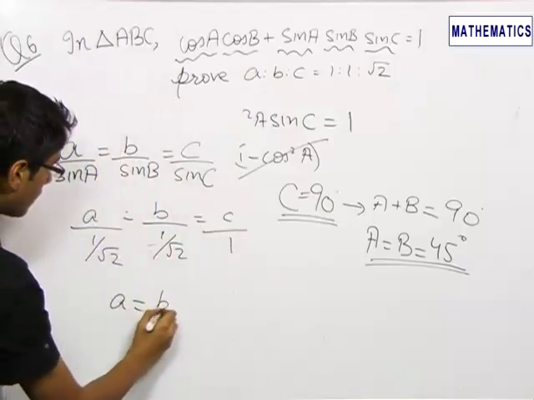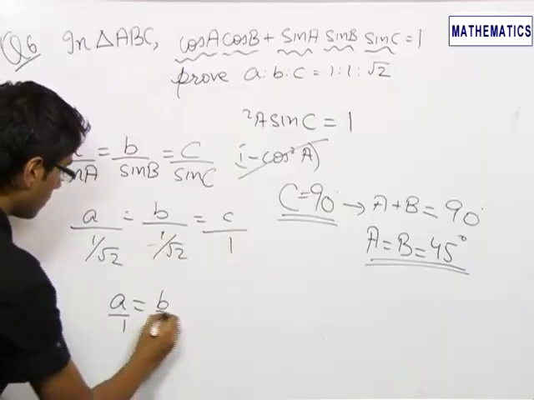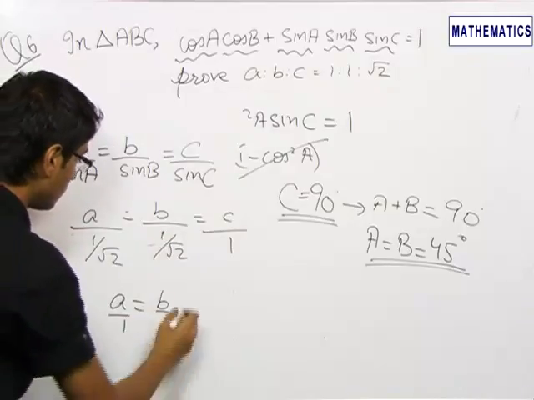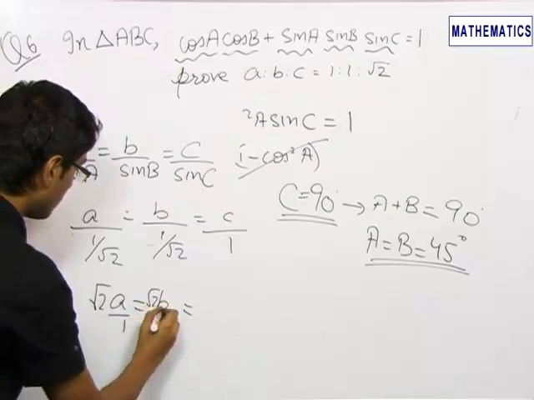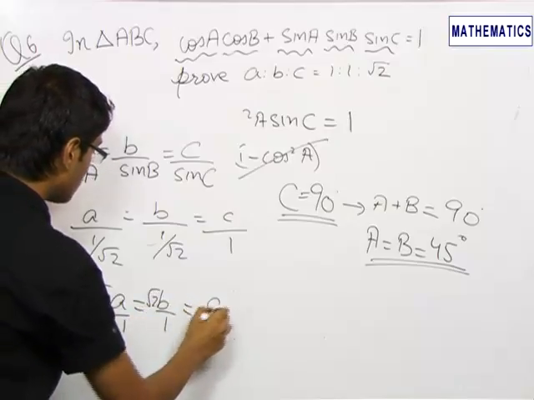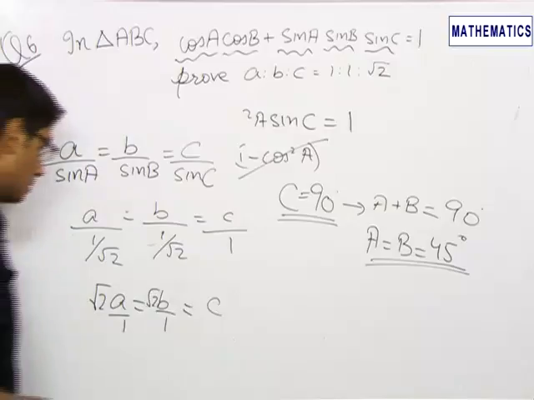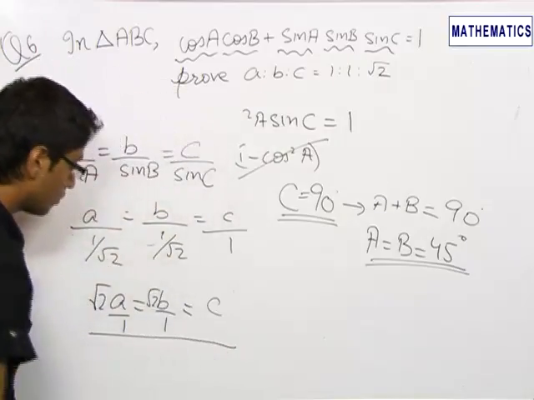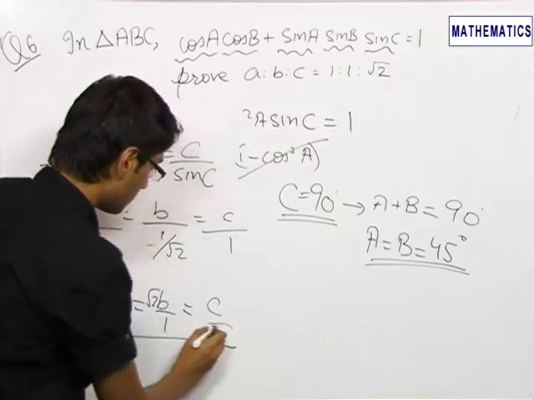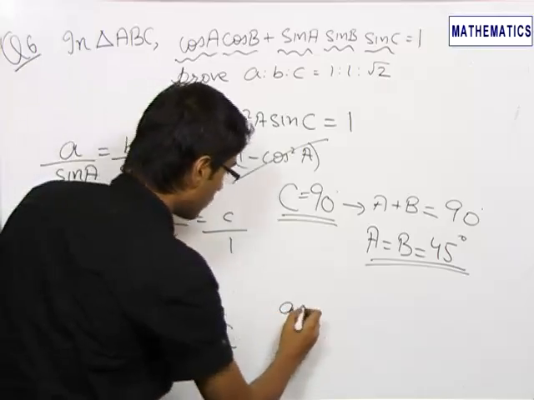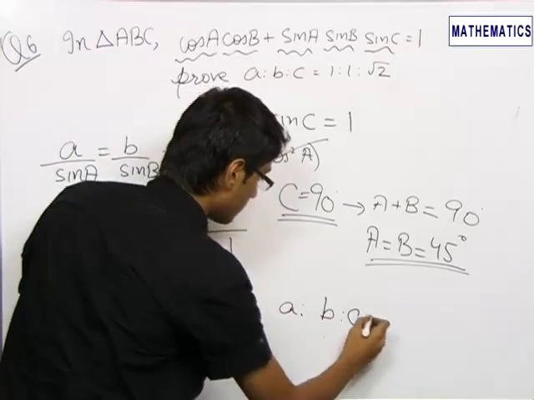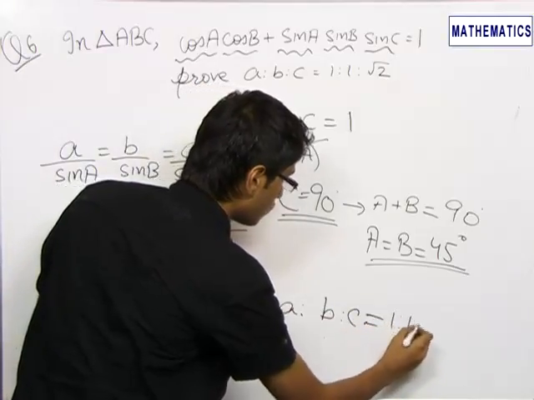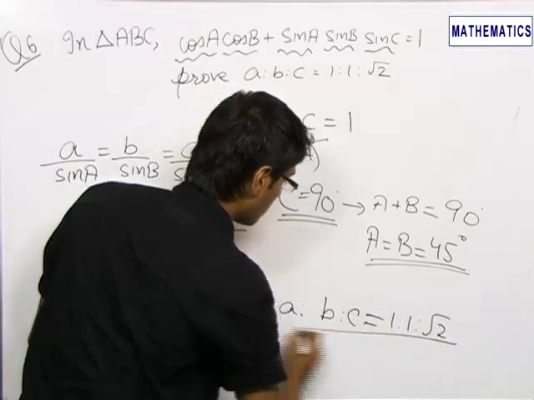This makes root 2a equals root 2b equals c. So we get a is to b is to c equals 1 is to 1 is to root 2.